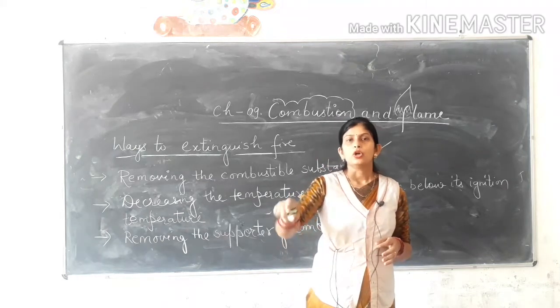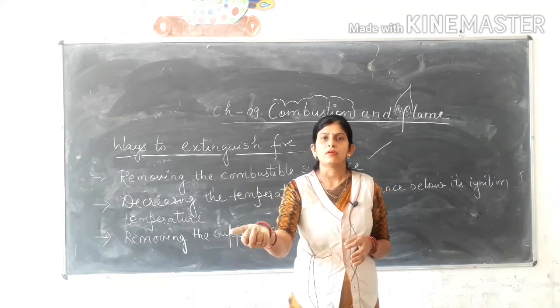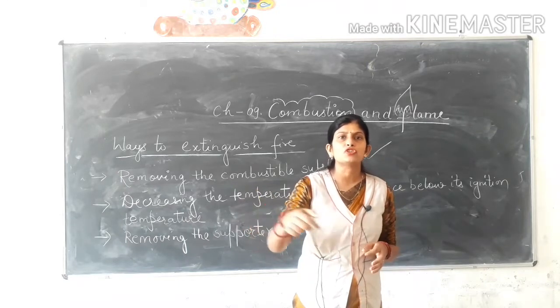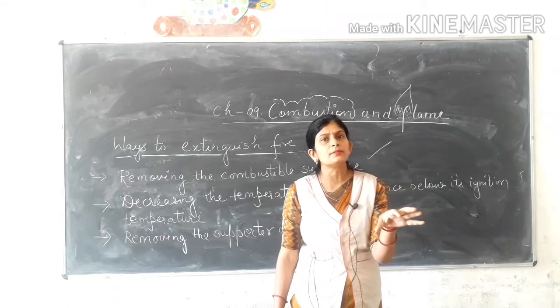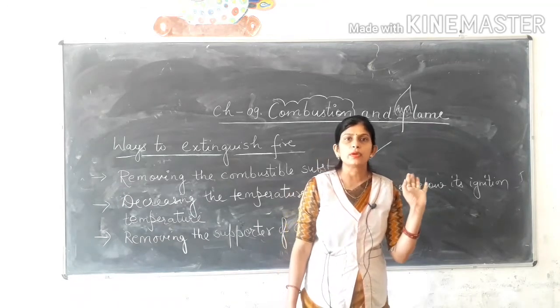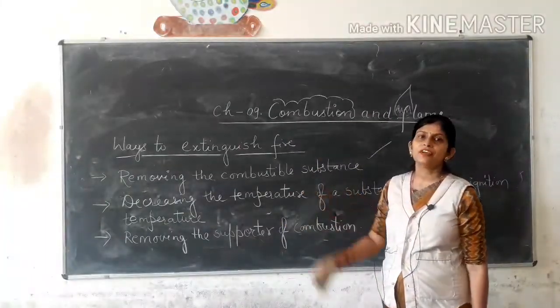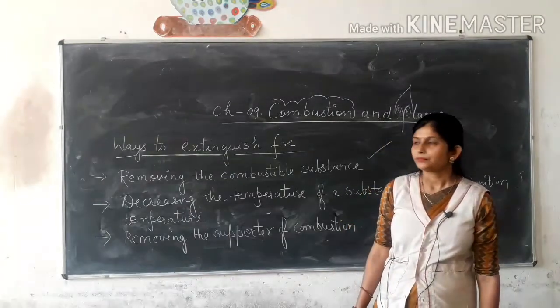How? Close or shut the valve of the gas cylinder. Then the supply of LPG to the fire will be stopped, so there will be no combustible substance and no burning. In this way, by removing the combustible substance, we can stop fire.